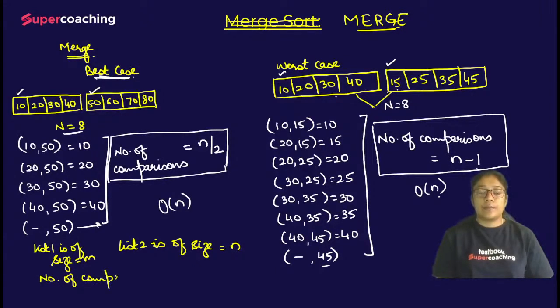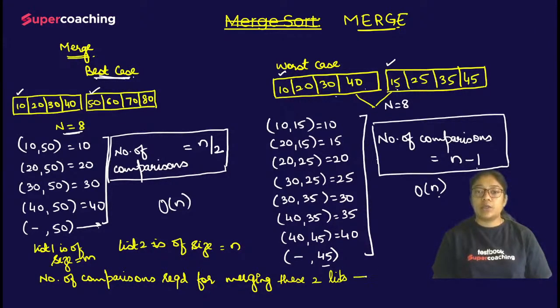I want to find out the number of comparisons required for merging these two lists. Obviously here we'll have two cases, the best case and the worst case.